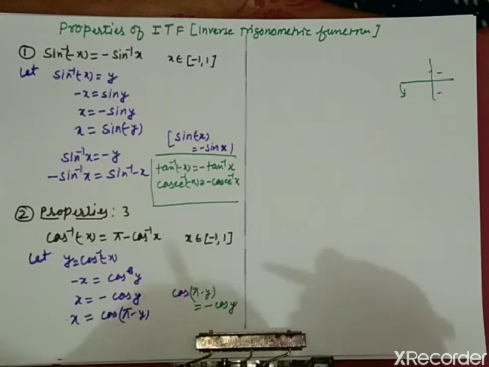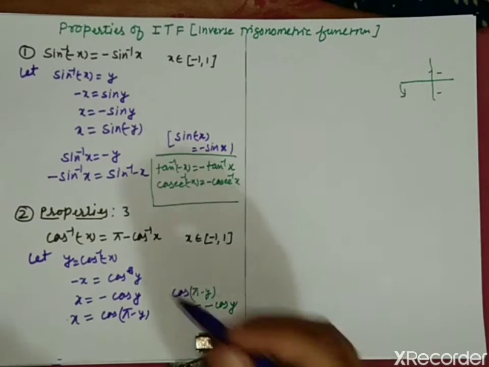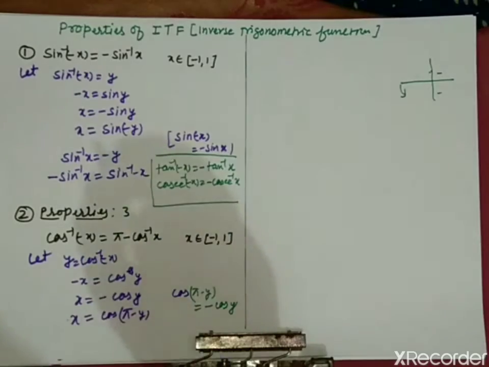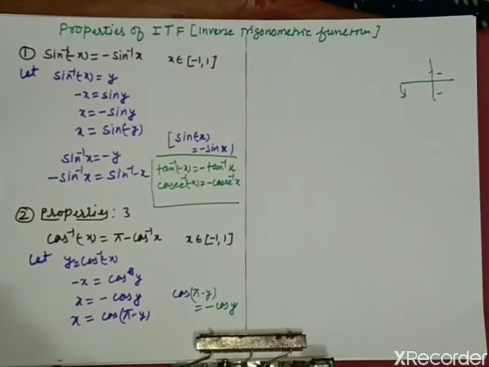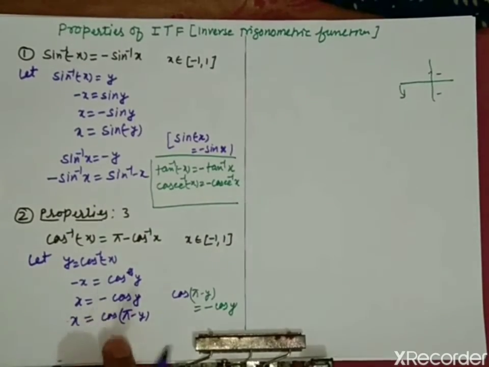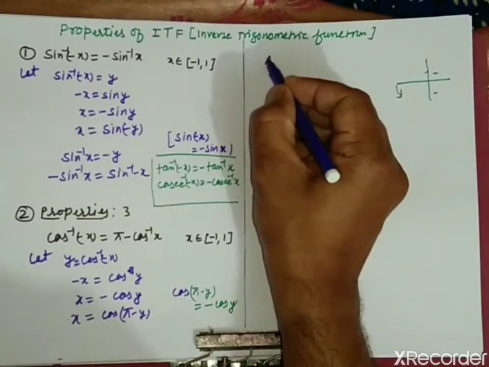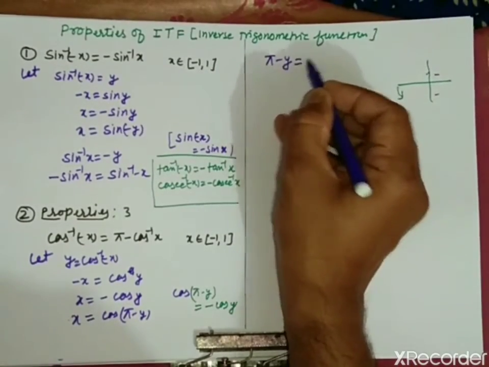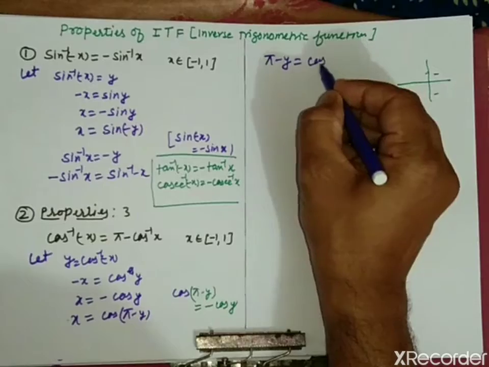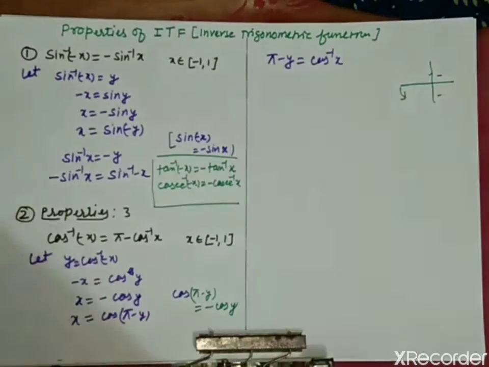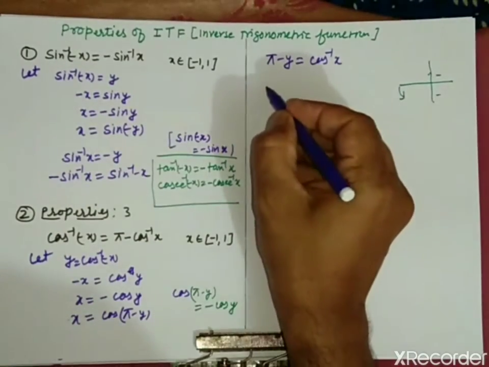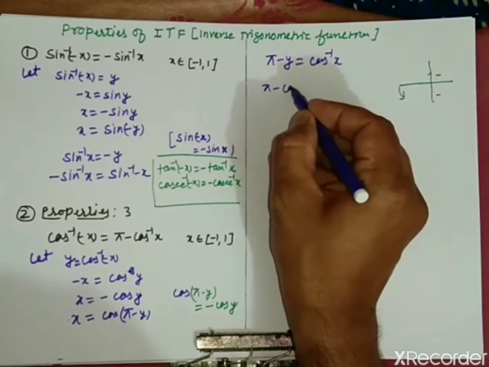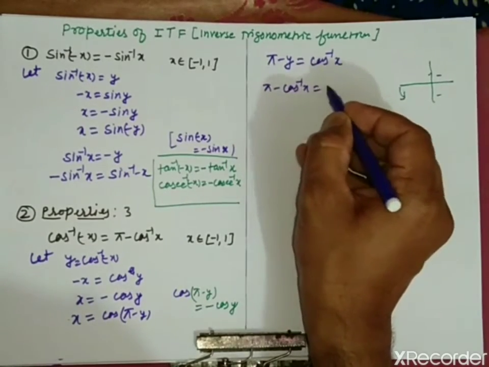Okay, now in the behalf of that we can write it as next: cos x is equal to what we have? We can write it as now pi minus y is equal to cos inverse x. Further it can be written as pi minus cos inverse x is equal to y.